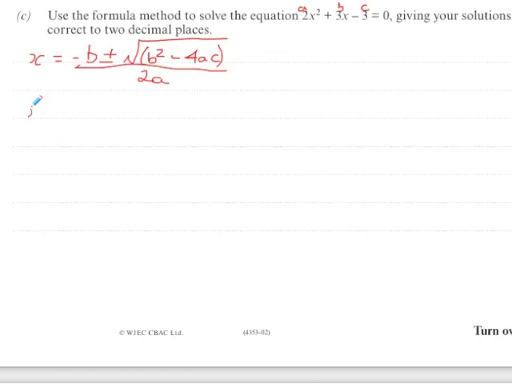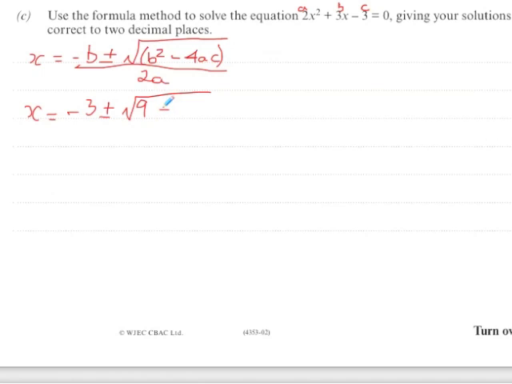So substituting those values in, we get x equals, we've got plus 3 there, so that goes in as minus 3, plus or minus the square root of b, which is plus 3 squared, is 9, minus 4 times 2 is 8, times minus 3 is minus 24.